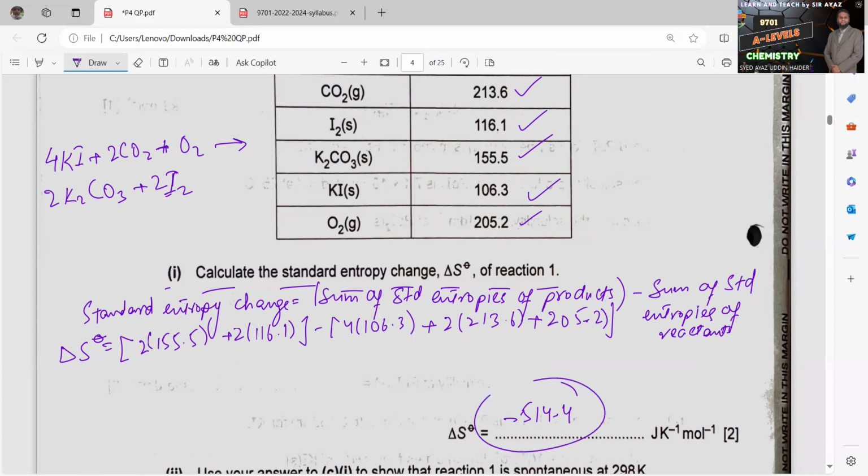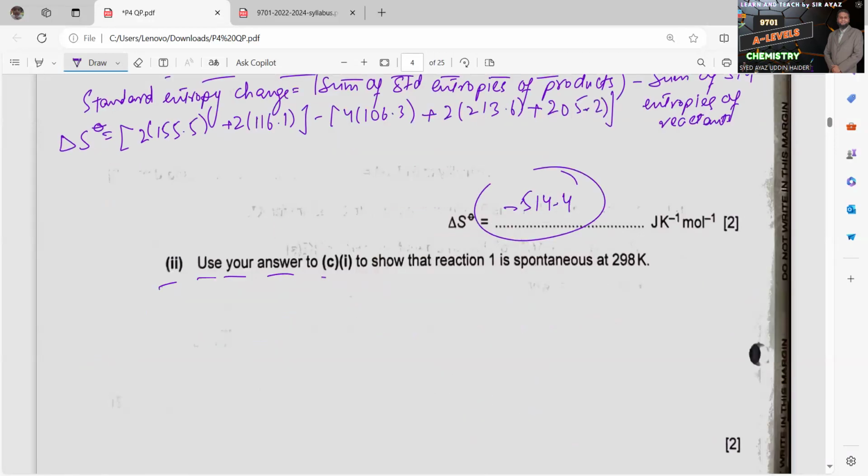Next part, number 2, use your answer to C1 to show that reaction 1 is spontaneous at 298 Kelvin. So we need to prove it.